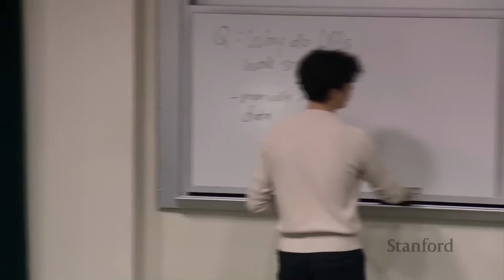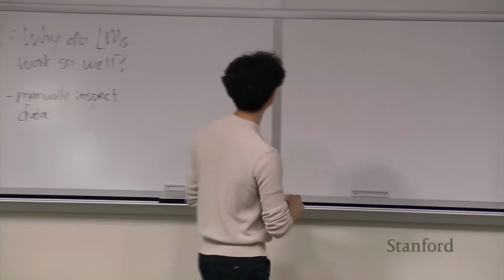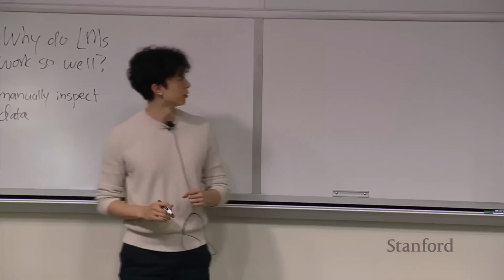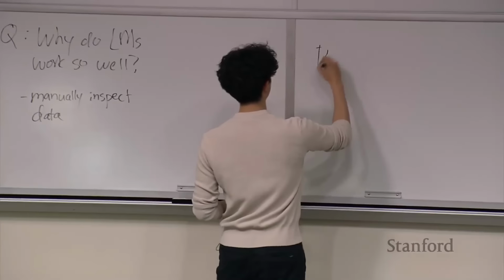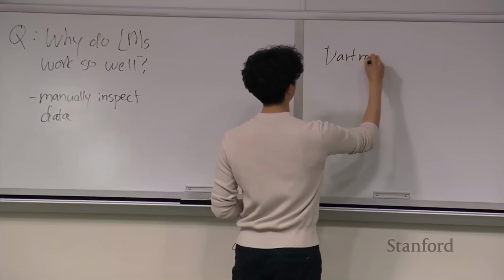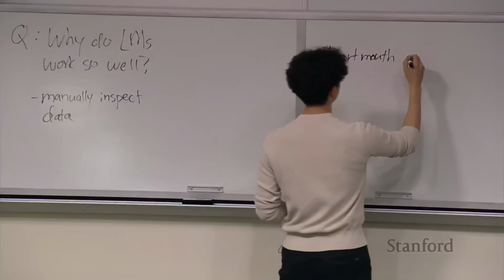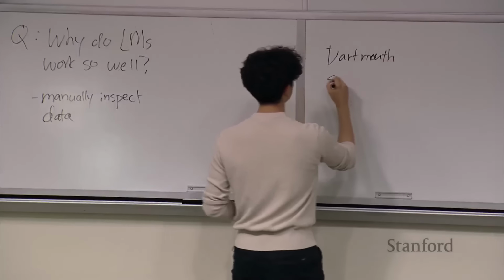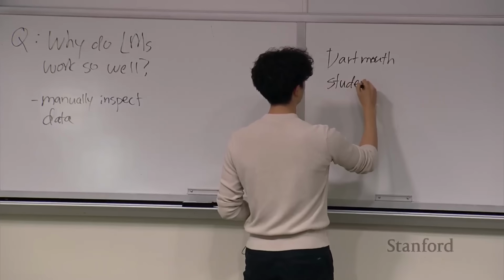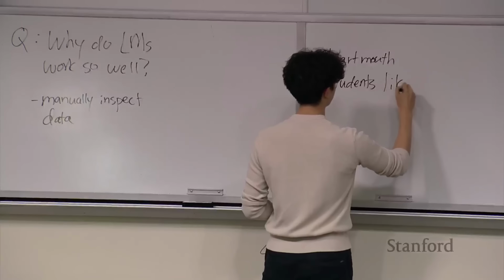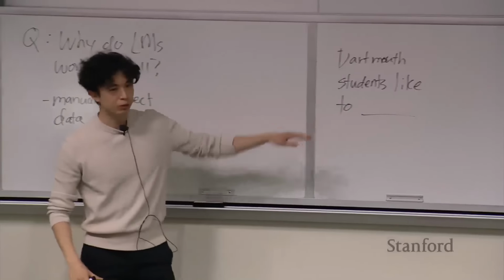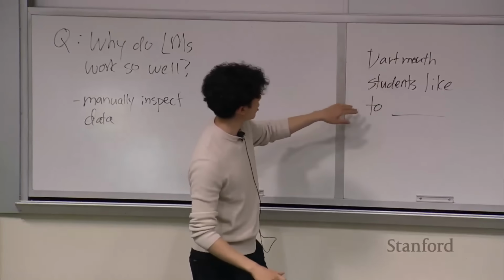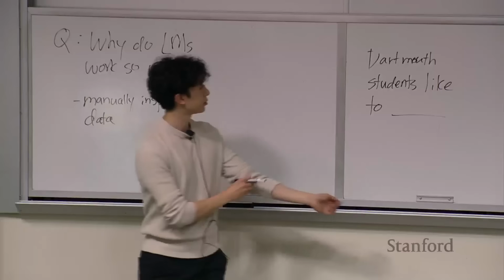Okay, so first I will do a quick review of language models. The way language models are trained is with the next word prediction task. Let's say you have a sentence, Dartmouth students like to, and the goal of next word prediction is that you have some words that come before, and then you want to predict the next word.